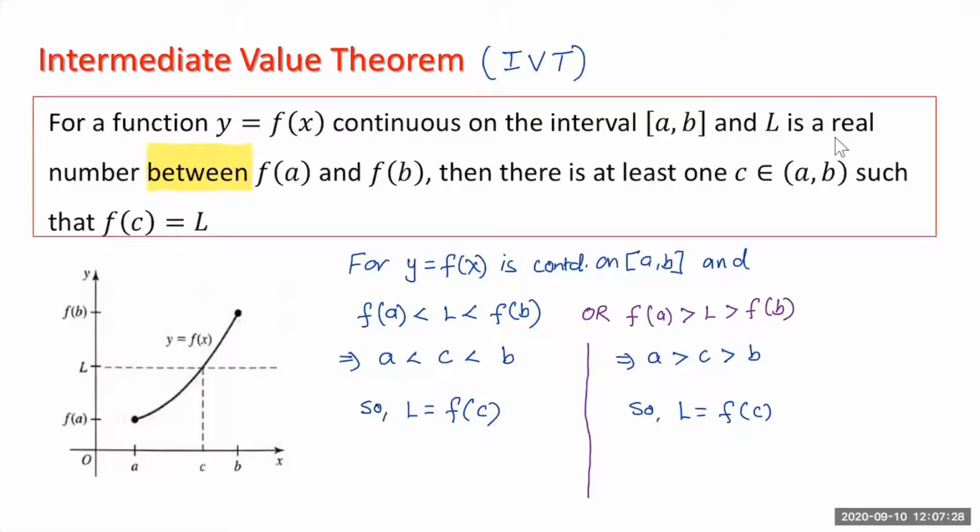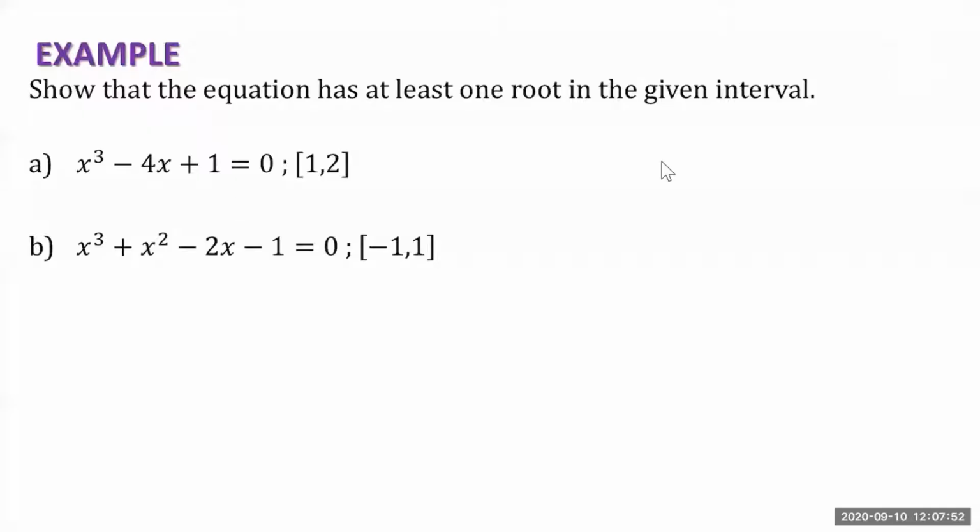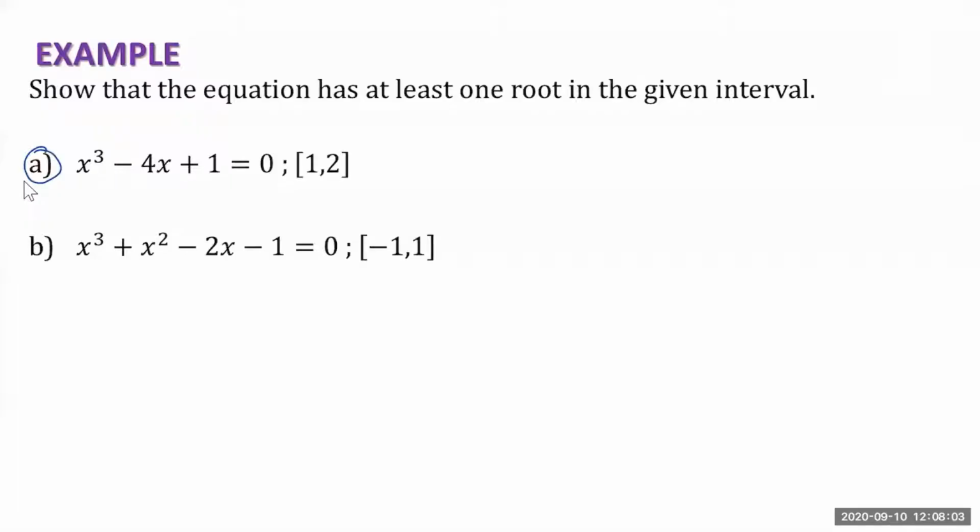We are going to look at the example after this. Example: show that the equation has at least one root in the given interval. So here is the first problem, part A. Let f of x, I'm going to consider the left-hand side of the equation as a function.